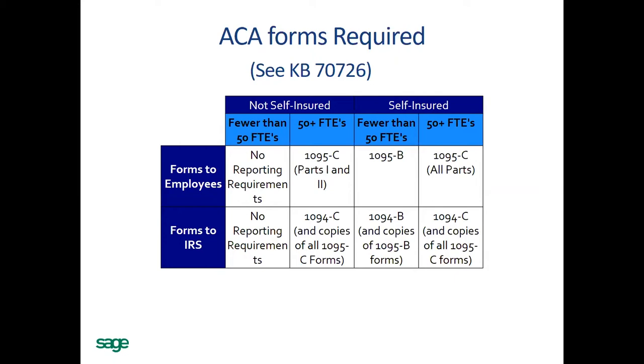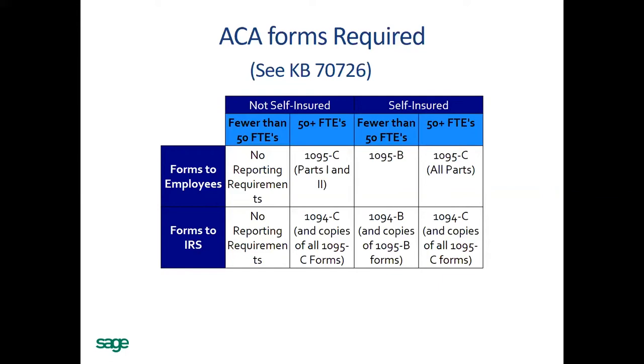If you go to the knowledge base and put that KB number in, it will bring up the KB that I've got on page 44 in your handout, where it explains who needs to file, who doesn't, and how to get some of these reports out.